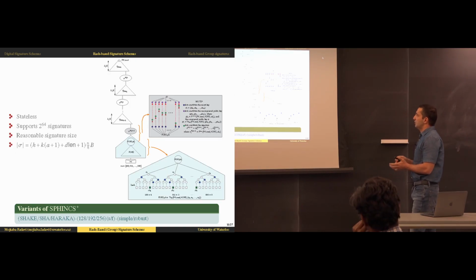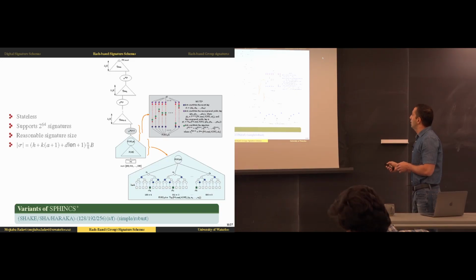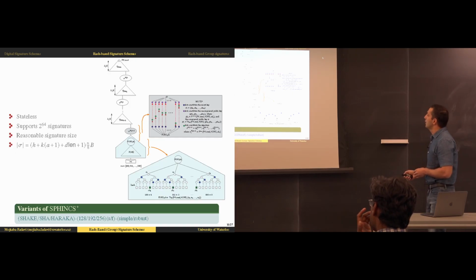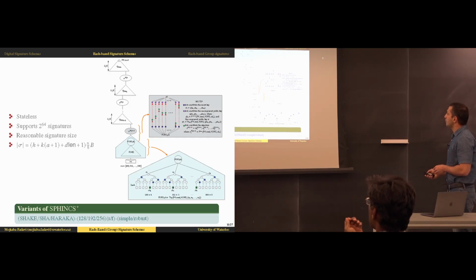I said that the signature size of SPHINCS is between 30 and 50 KB, kilobytes. That's because of this structure, because of the different values that we select. Whether we want a short signature or a faster scheme, it depends on us.